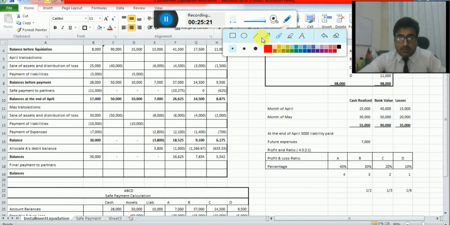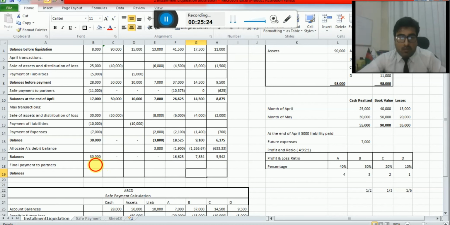Look, we have final payment equal to minus 30,000, and then minus this value, and minus this value, and minus this value. Now again you have to add the last two values from the balance into the balance, and just straight to the right, and with this it's finished.